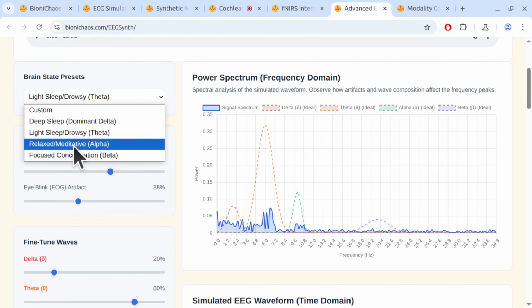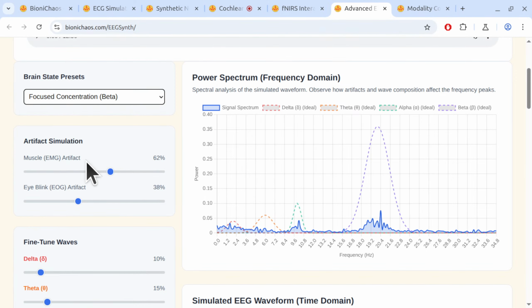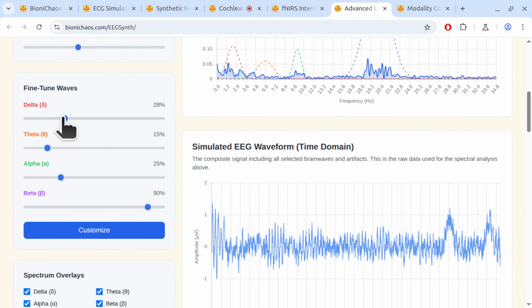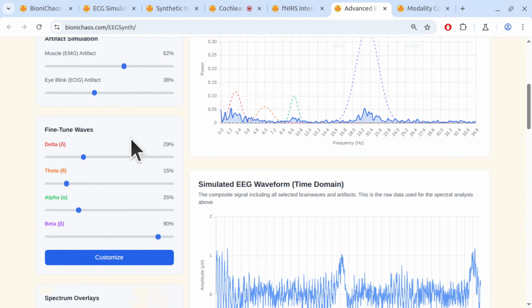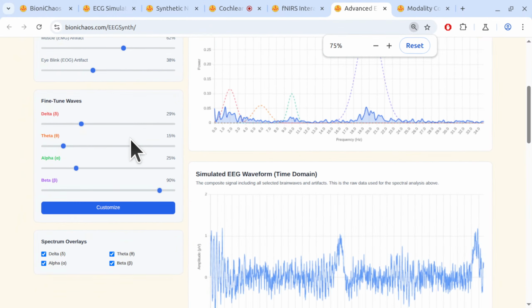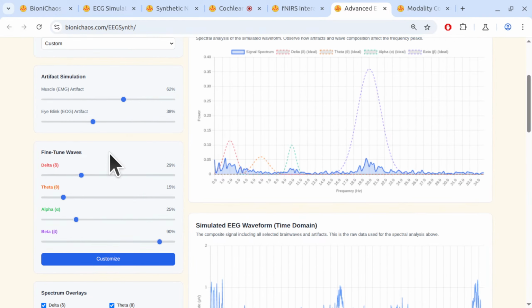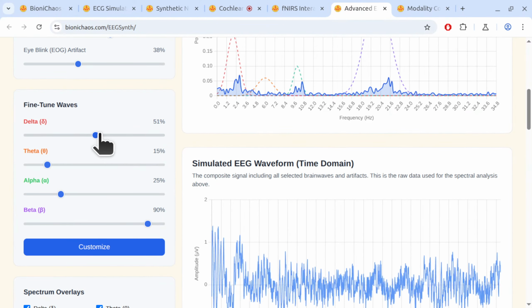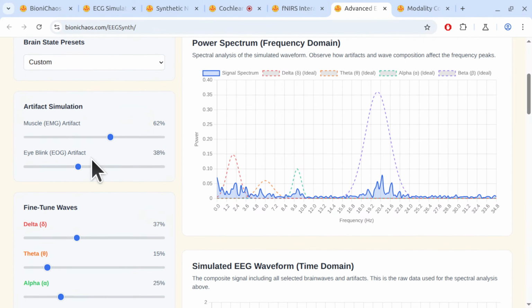You have deep sleep, light sleep, relaxed, focused, and it will change the power spectrum. This one doesn't really fit the screen very well. And we could use some demo functionality for this one as well.